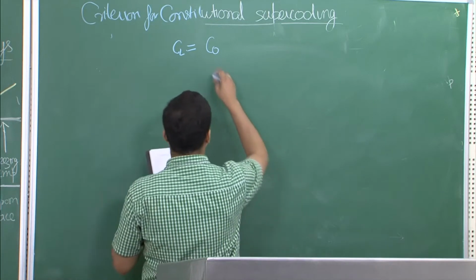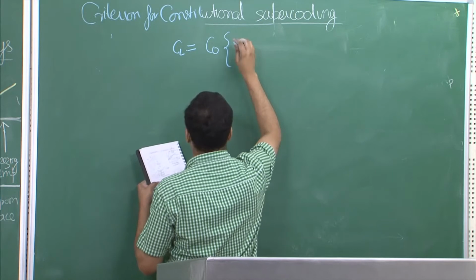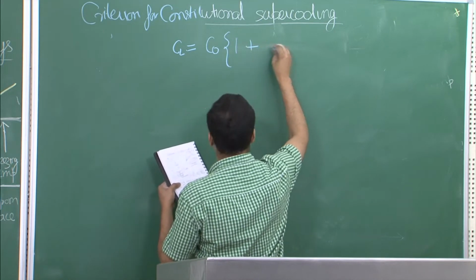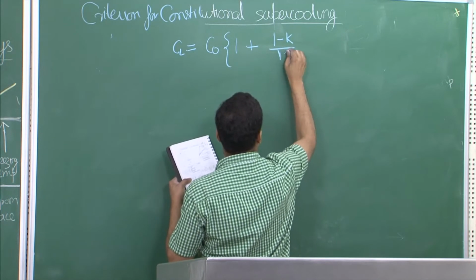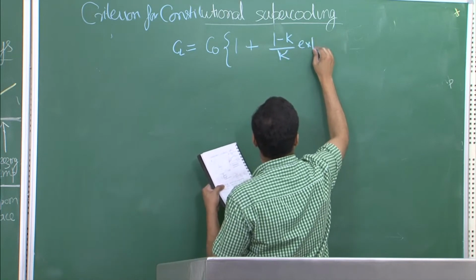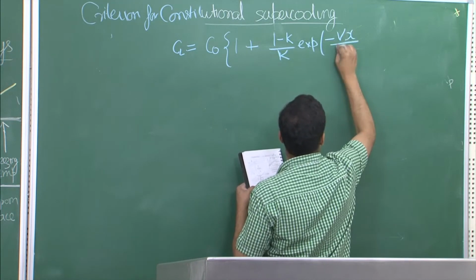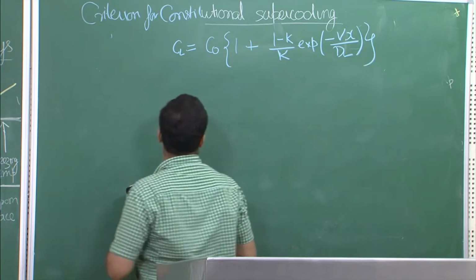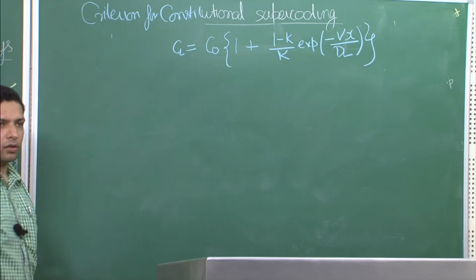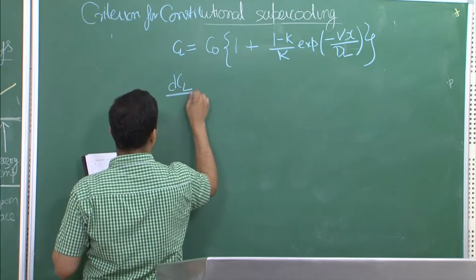Then we know from the previous lecture that the concentration of the liquid is given by this equation. If we know the concentration of the liquid, we can find dCl by dx.